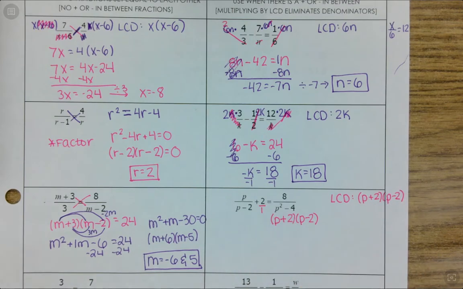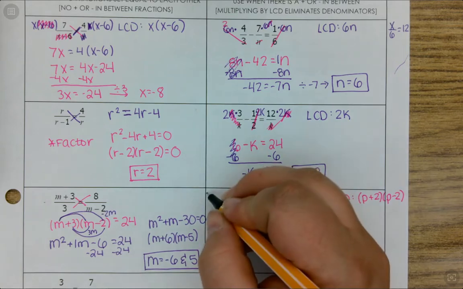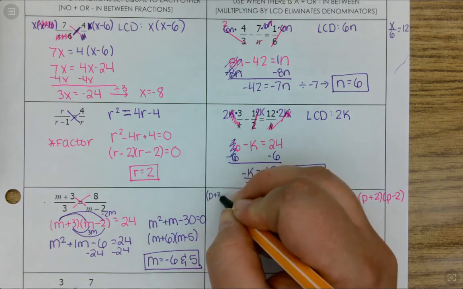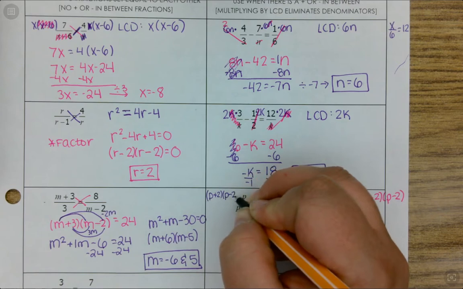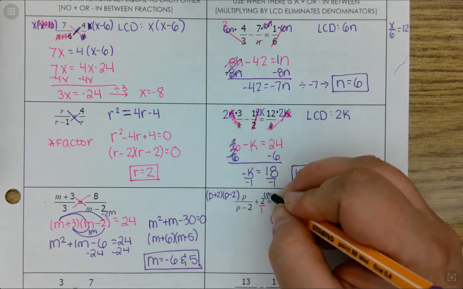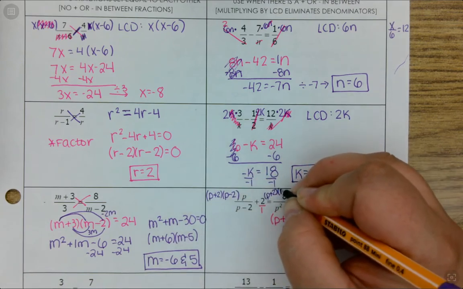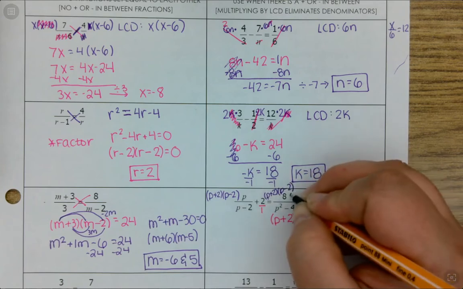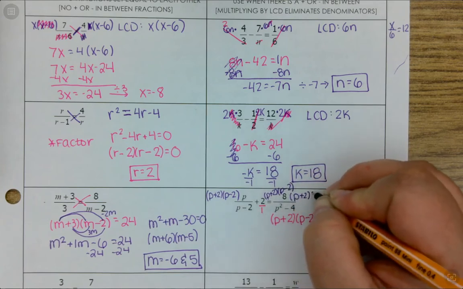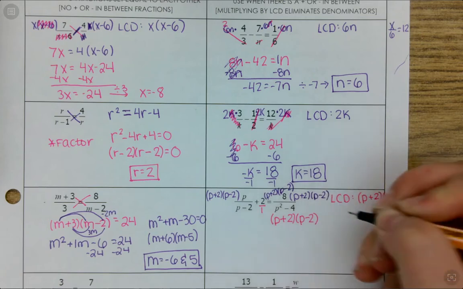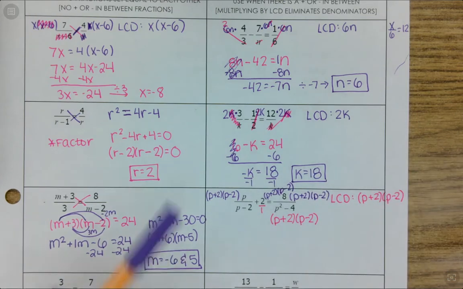So if they have anything that's the same, you only write it once. So I need to multiply by p minus 2 and p plus 2 on every fraction. And then remember how we canceled things out up here? We're going to do that before we actually multiply.